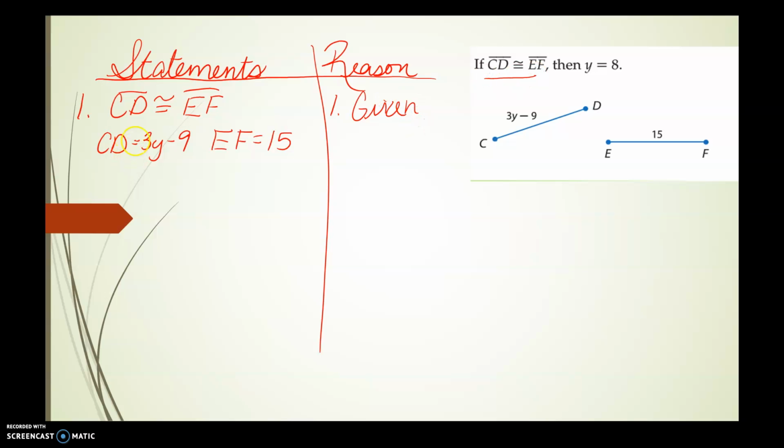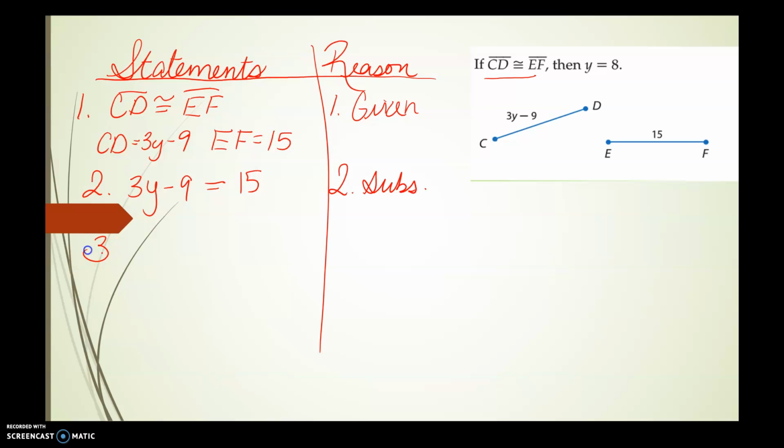So since CD equals 3y minus 9, I can substitute that in for this. So I can put 3y minus 9 here for the CD and 15 in for the EF. That is substitution. We've done this already this year, we just haven't written it out as steps. So now I'm going to add 9 to both sides to move that 9 over.